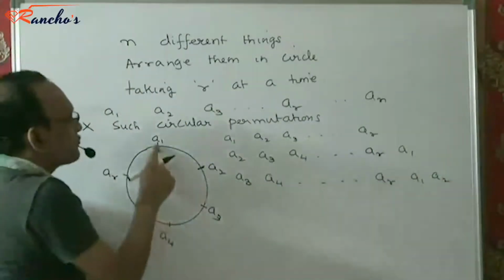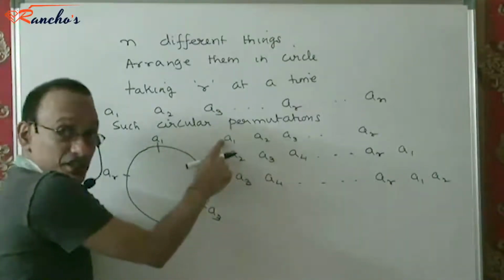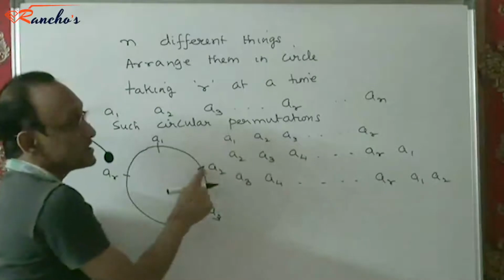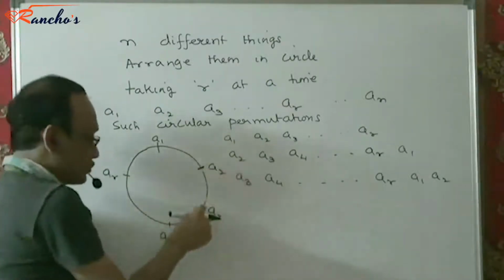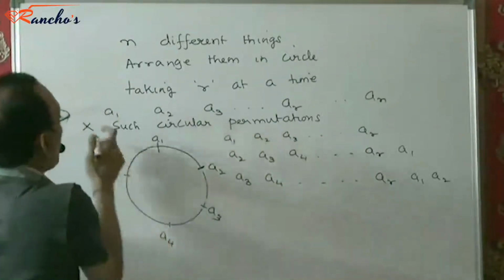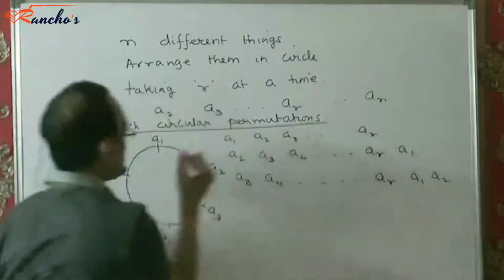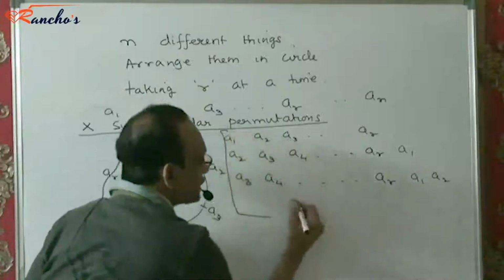At a1, one linear permutation; at a2, another; at a3, one more; at a4, one more; at ar, one more. So for every one of these circular permutations, I would have got r linear permutations.